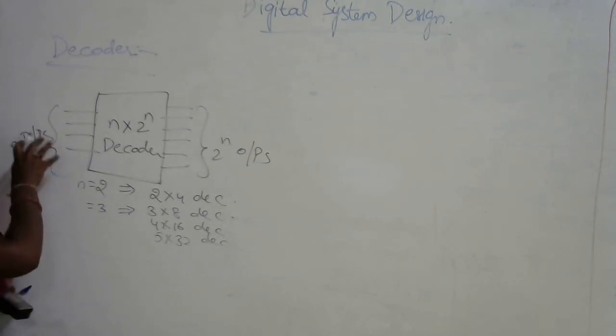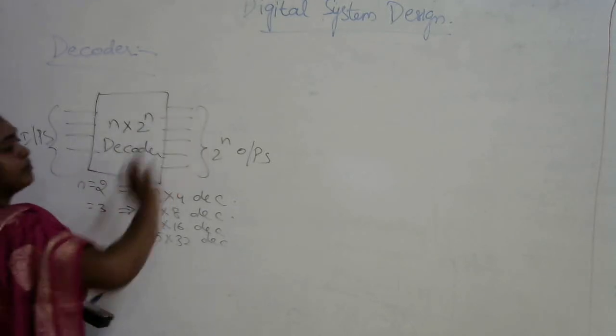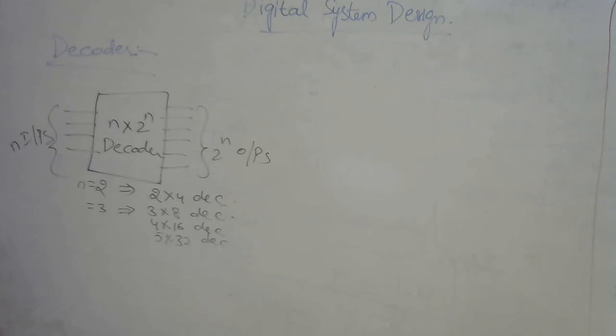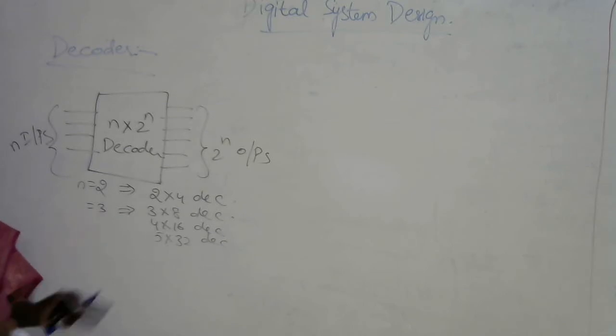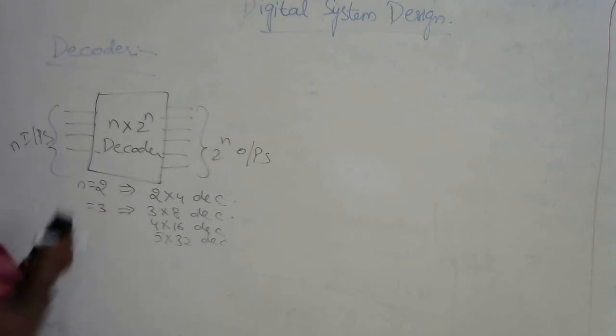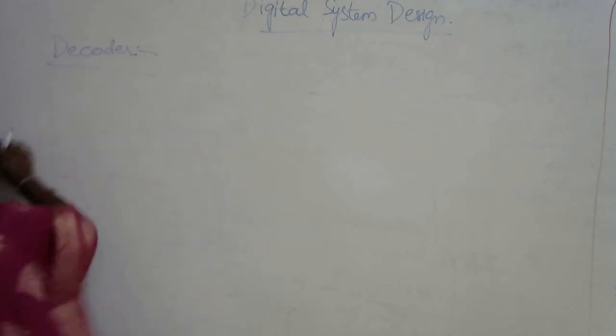The coded inputs will be different from the coded outputs. The examples of the decoder circuit are 2 by 4 decoder, 3 by 8 decoder and 4 by 16 decoder. Now let us see the first type of decoder, which is the 2 by 4 decoder.